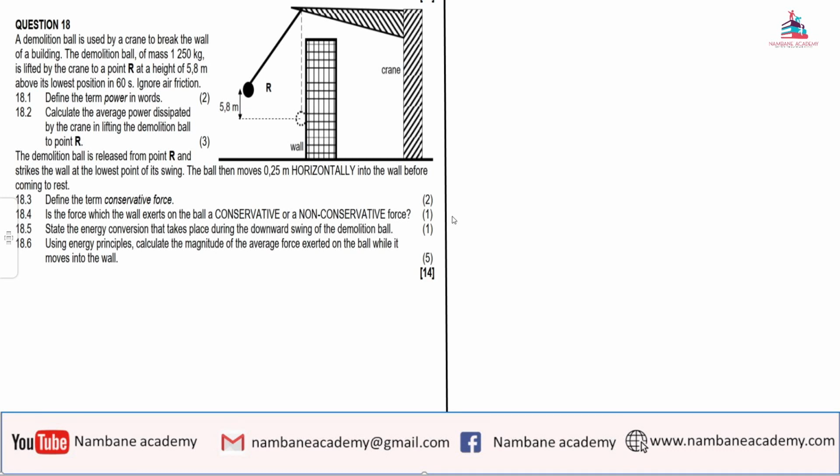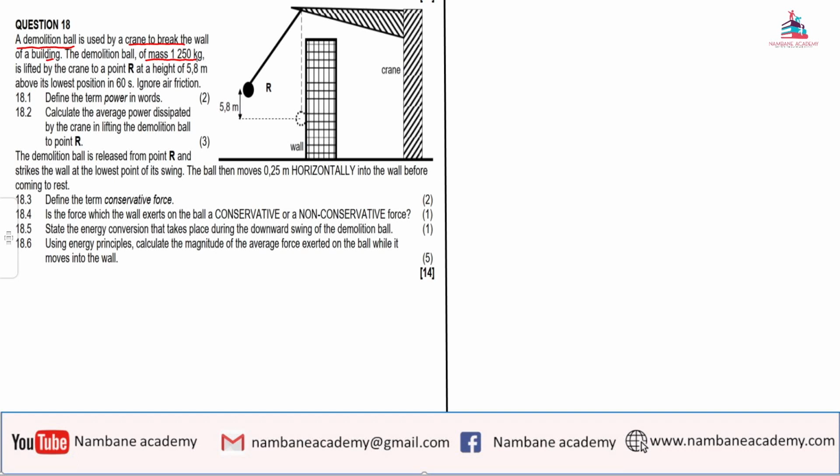Thank you very much for the answer sent. Let's not waste time and read the question in detail. Let's see what it says. A demolition ball is used by a crane to break the wall of a building.